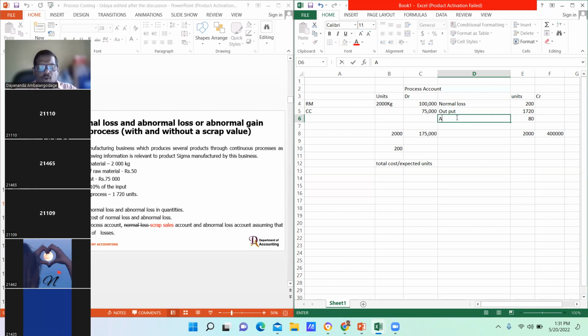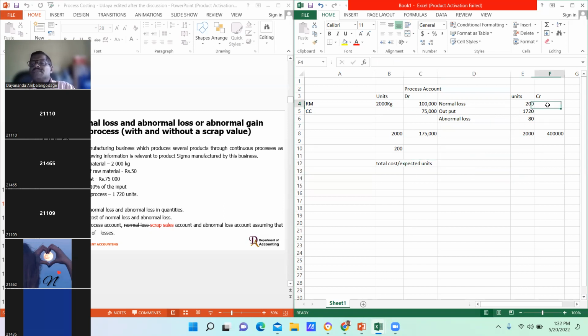We call it abnormal loss. Is it clear? Okay, so that is the account.